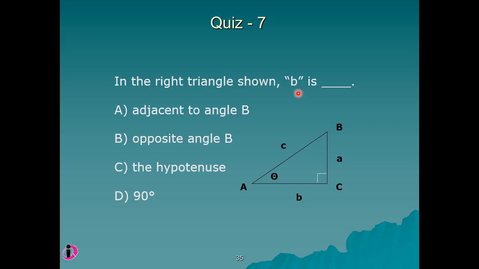Okay, now small b is opposite to angle B, right? So the right answer is B. Small b is opposite to angle B. Now here small b is also adjacent to angle A, right?